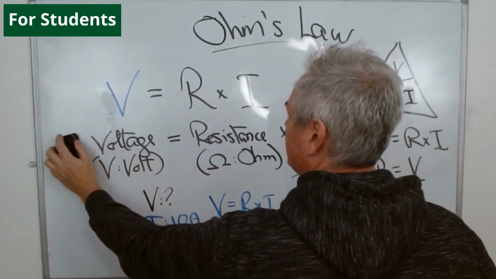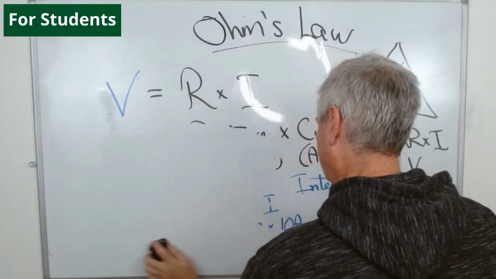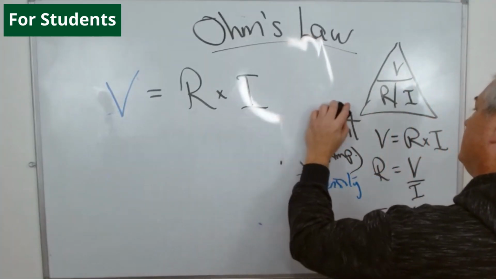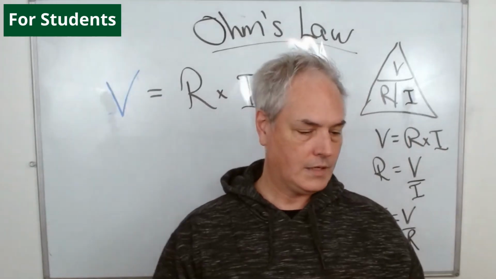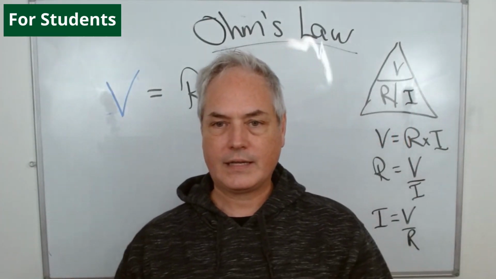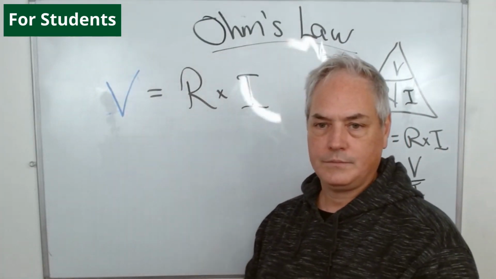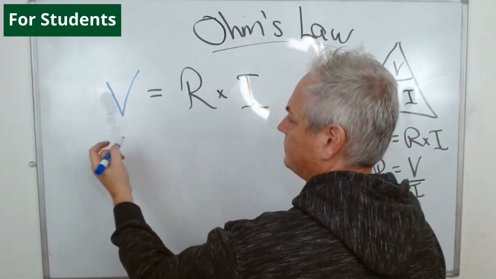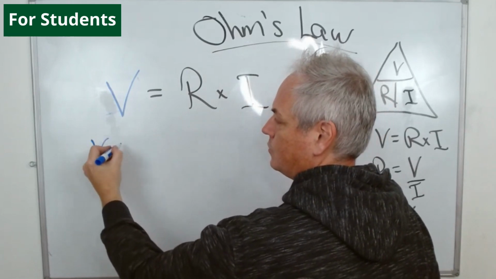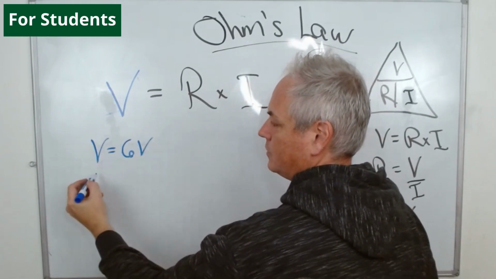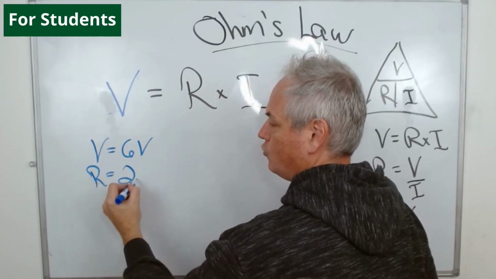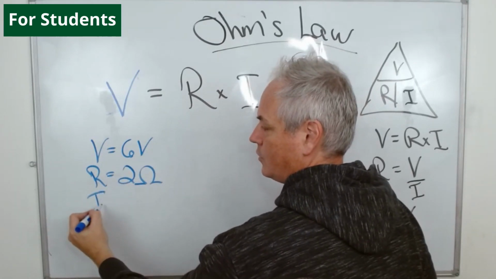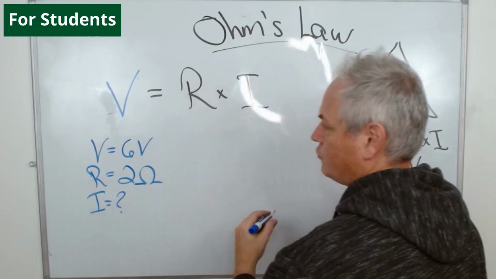So we have V equals 6 volts, resistance equals 2 ohms, current equals, we don't know.